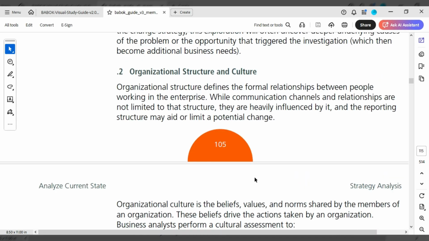So, number two element will be organization structure and culture. Please don't overlook this. Organizational structure defines the formal relationship between people working in the enterprise. While communication channels and relationships are not limited to that structure, they are heavily influenced by it, and the reporting structure may aid or limit a potential change. Yeah, look at the organizational structure and culture.